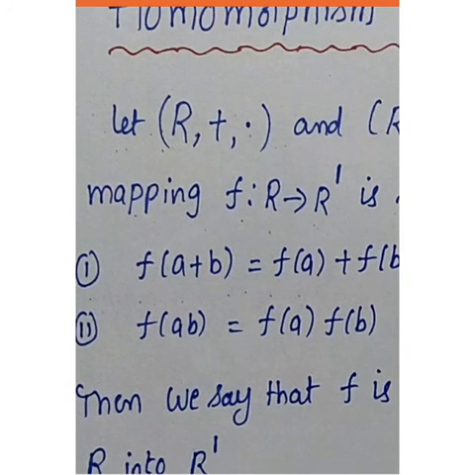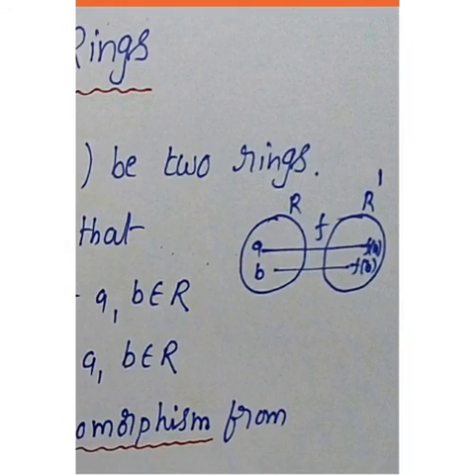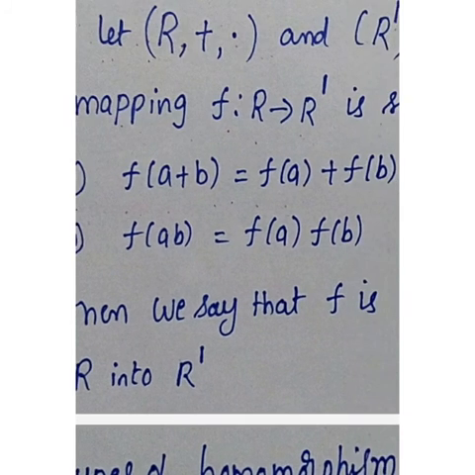So homomorphism is nothing but a function from R to R' which satisfies two conditions. So what are the two conditions? f(a + b) = f(a) + f(b), f(ab) = f(a) · f(b).